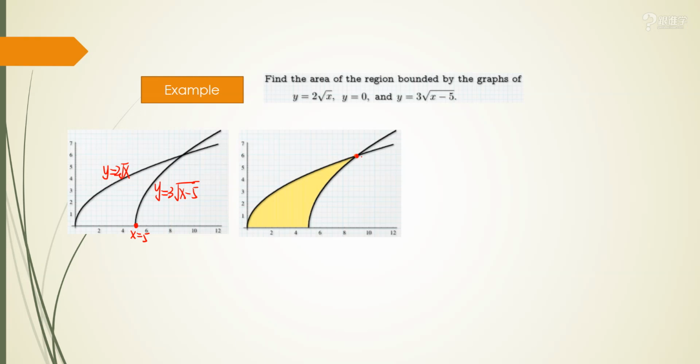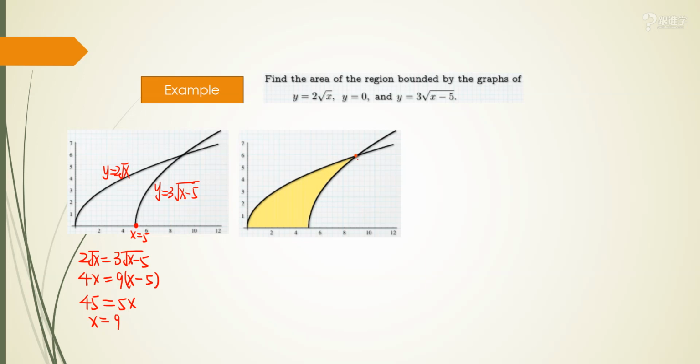To do that, we set the equations equal to each other and square both sides. And we subtract 4x from both sides and add 45 to both sides. We finally arrive at x equals 9.